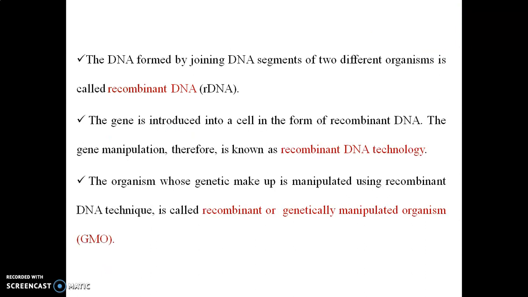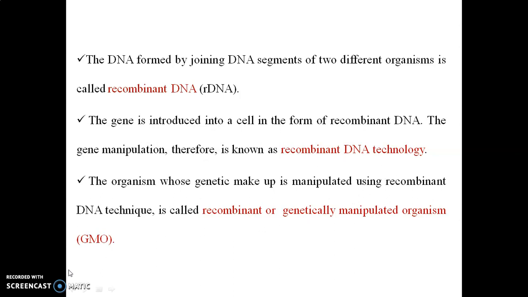The DNA formed by joining DNA segments of two different organisms is called recombinant DNA. The gene is introduced into a cell in the form of recombinant DNA. The gene manipulation, therefore, is known as recombinant DNA technology.